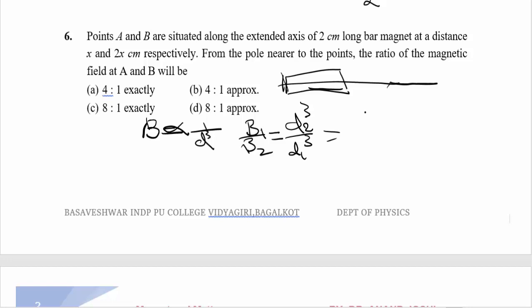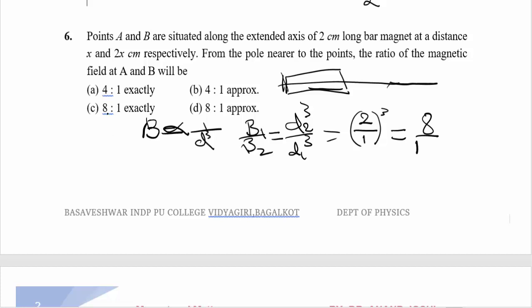It means that one is double the other. One is x, other is 2x. D2 is 2, D1 is 1. Means it is 8:1. Option is C. So the magnetic field is 8:1.